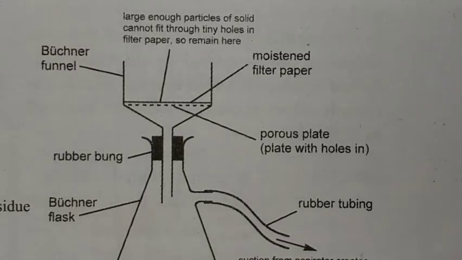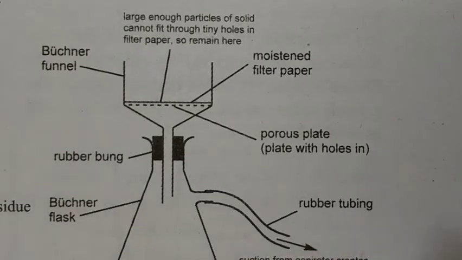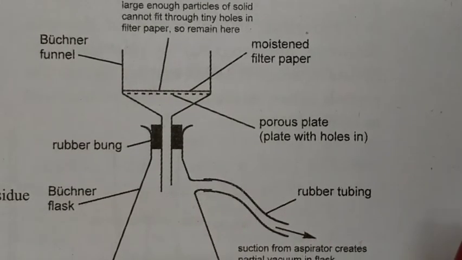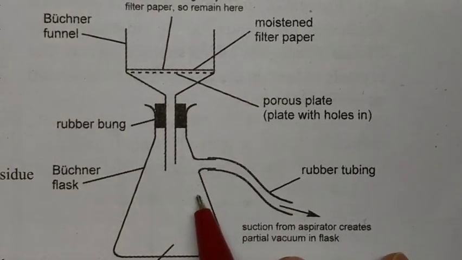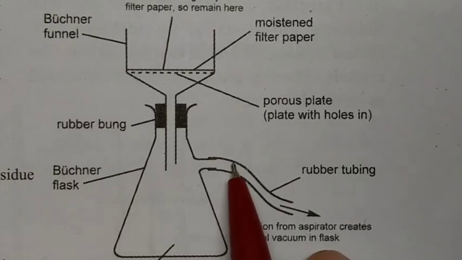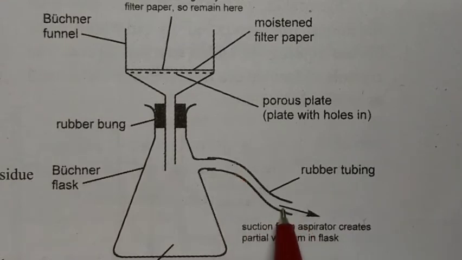The assembly for filtration under suction consists of a thick wall conical flask with a side arm. The flask is connected to the safety bottle by a rubber tube through the side arm.